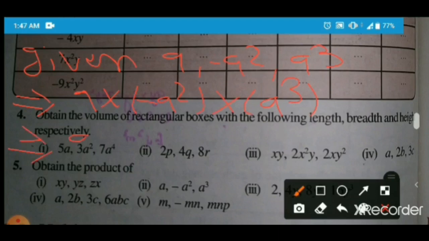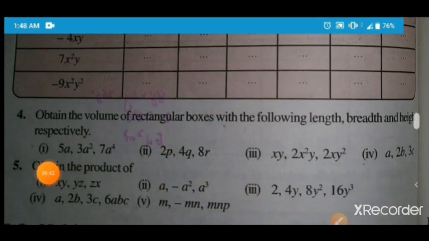So it is a raised to the power 1 plus 2 plus 3, and for the sign, it is plus times minus, minus, and minus times plus again it is minus, so it is minus a raised to the power 6.